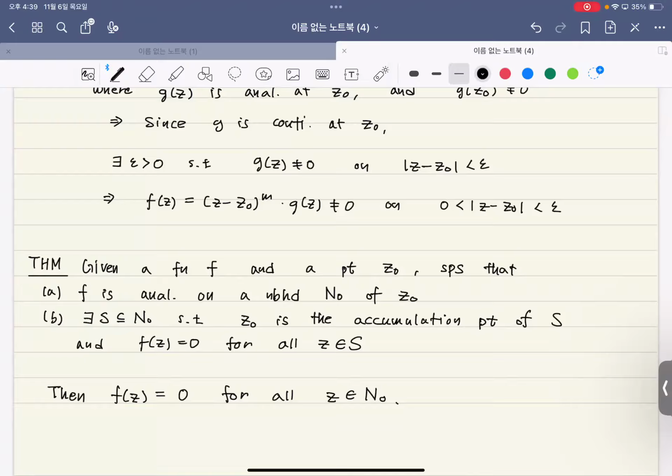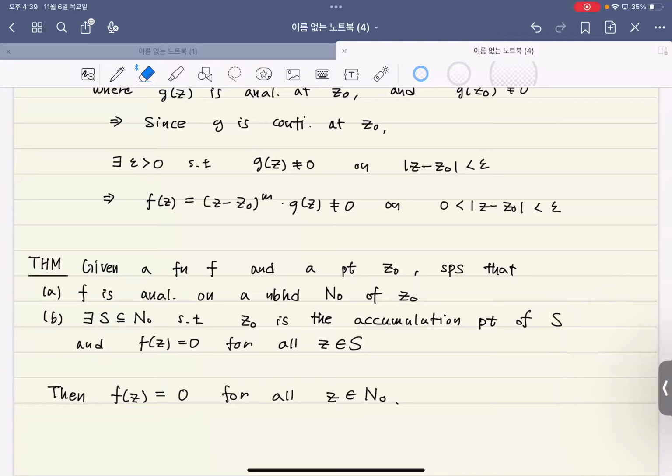This implies what? Well, my function is actually continuous on this domain, right?